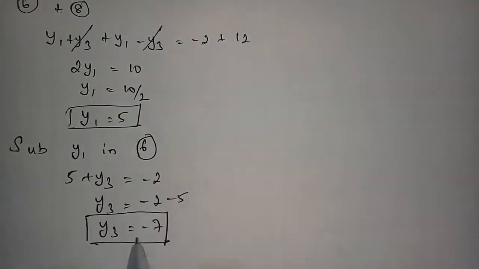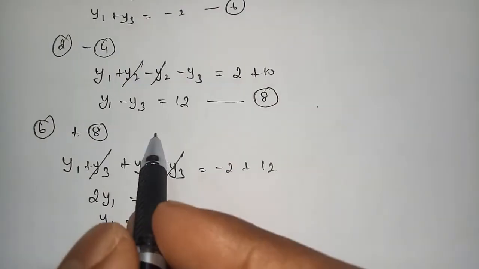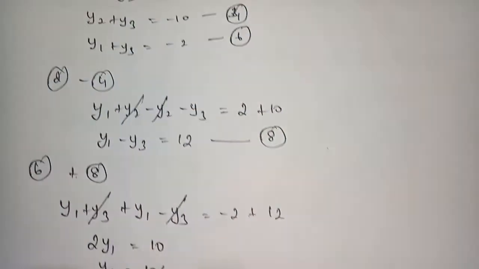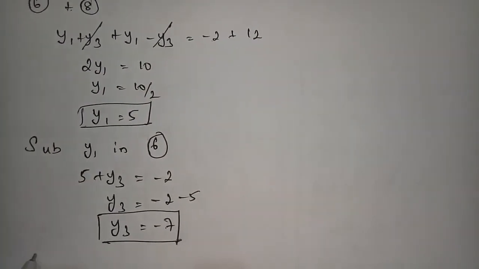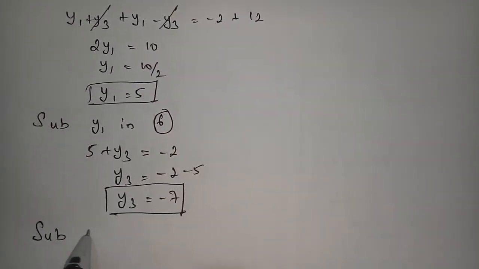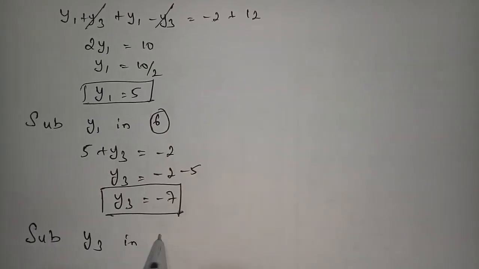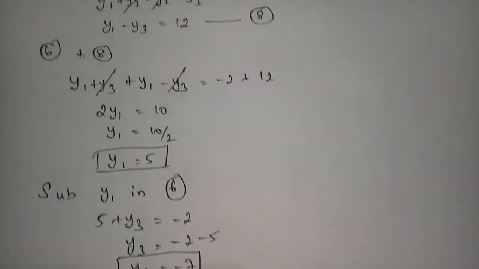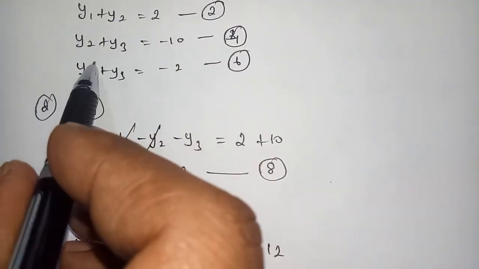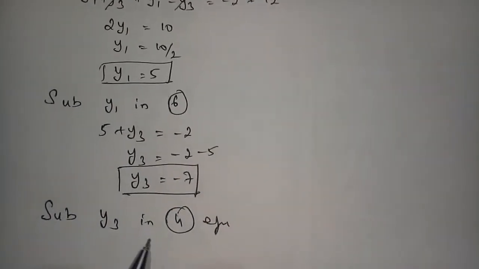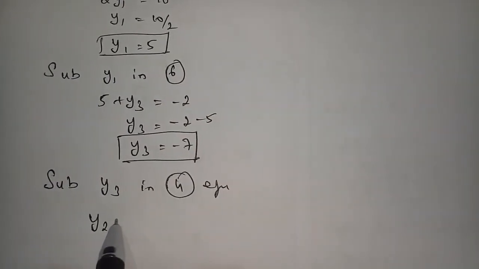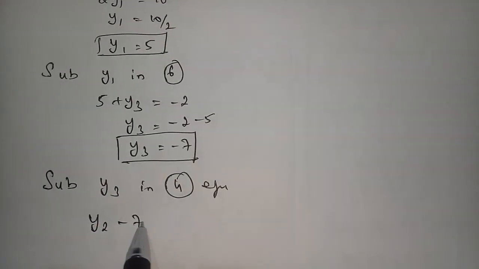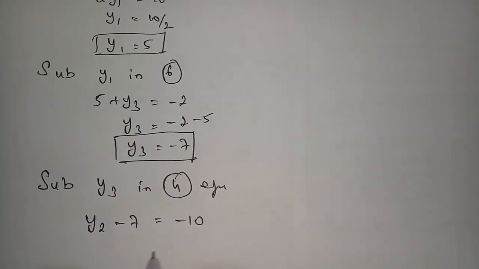Now substitute y1 or y3 in any one of the equations. To find y2, we substitute y3 in the fourth equation. What is our fourth equation? y2 plus y3 equal to minus 10. y2 plus y3, that is y2 minus 7, is equal to minus 10.